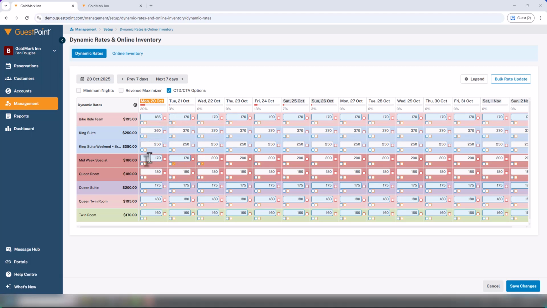You can check in on Monday, but you'd have to check out on Thursday. Or if you check in on Tuesday, you'd have to check out on Thursday as well. Or if you stayed on Wednesday, you'd still have to check out on Thursday, but you can't stay for both of those peak days unless you add on the Thursday or the Friday.